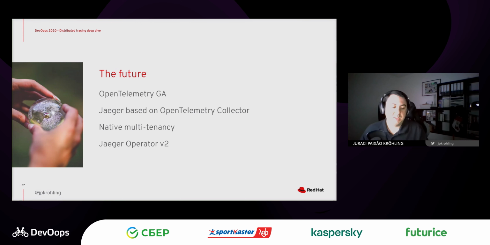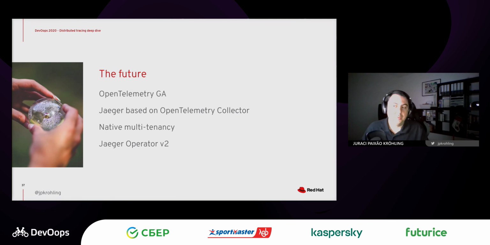What it means is that Jaeger V2 is most likely going to be based on the OpenTelemetry collector infra. So it really pays off to read and learn about the OpenTelemetry collector, how it's configured, how you can run it in production as well.